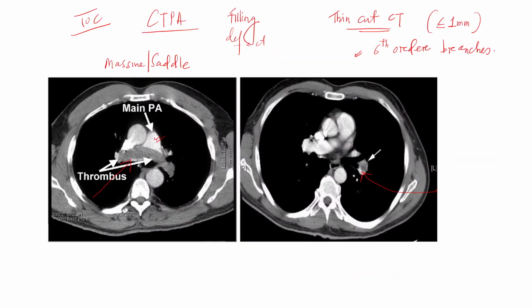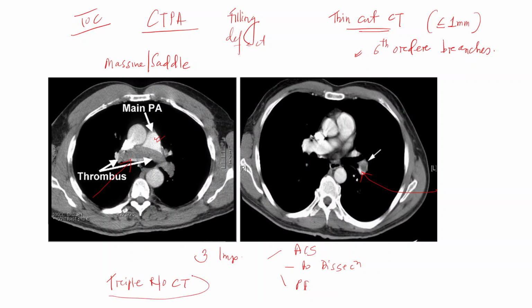Many times the CT is done to look for three important causes of chest pain. Those three are acute coronary syndrome, aortic dissection, and pulmonary embolism. This is known as triple rule out CT.